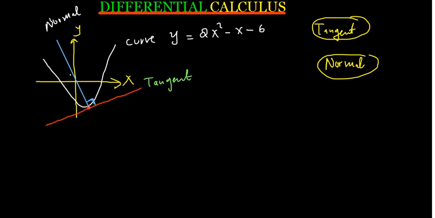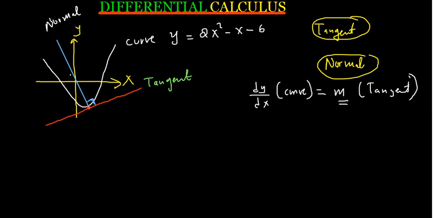To find the gradient of the tangent, the one which touches the curve at one point, dy over dx, which we call the gradient of the curve, is going to give you the gradient of the tangent. Now m is the symbol for gradient of a straight line, and dy over dx is the symbol for gradient of a curve, meaning that the gradient of a curve is equal to the gradient of the tangent.